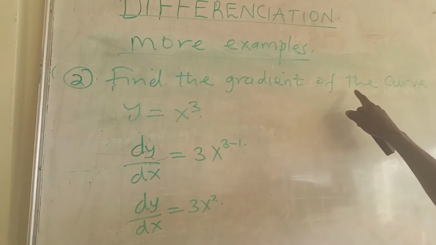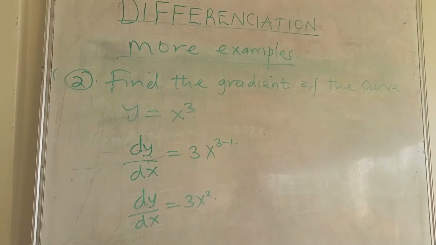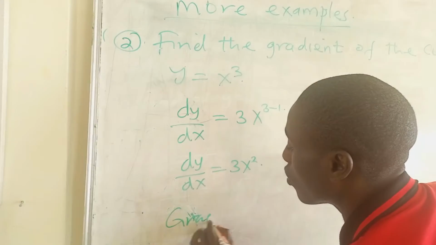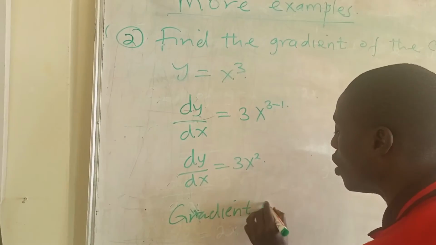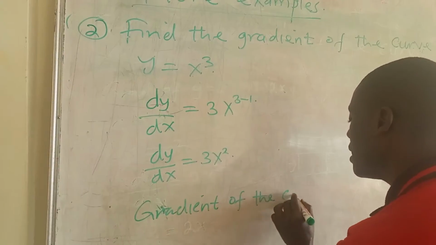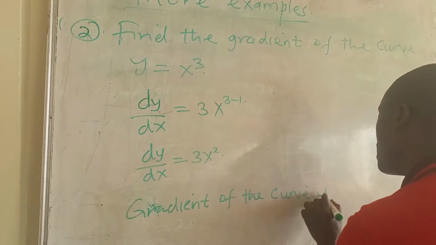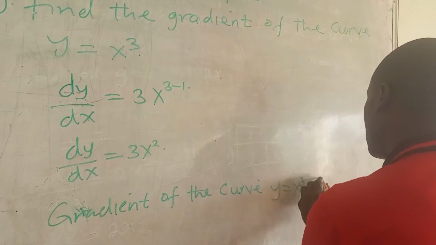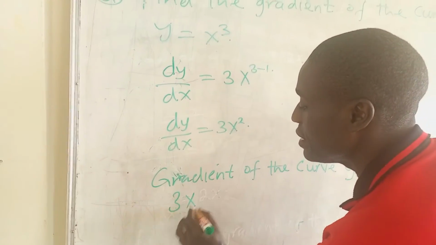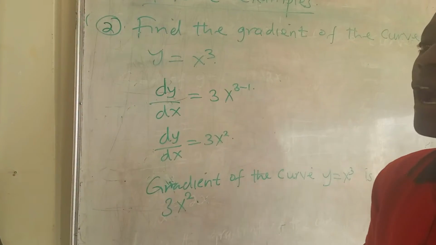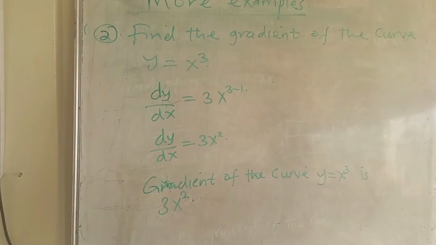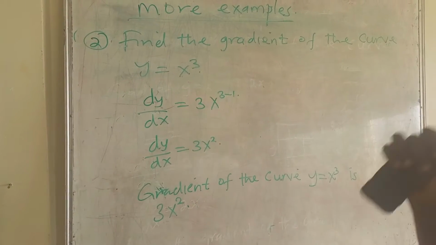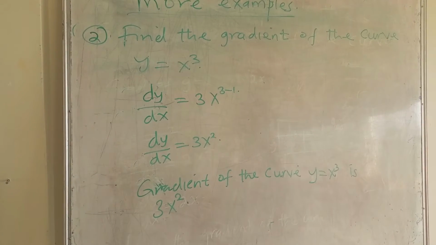So the gradient of the curve y is equal to x cubed is 3x squared, following our general rule that when we differentiate a function, we lower the old power and then we reduce the power by 1.